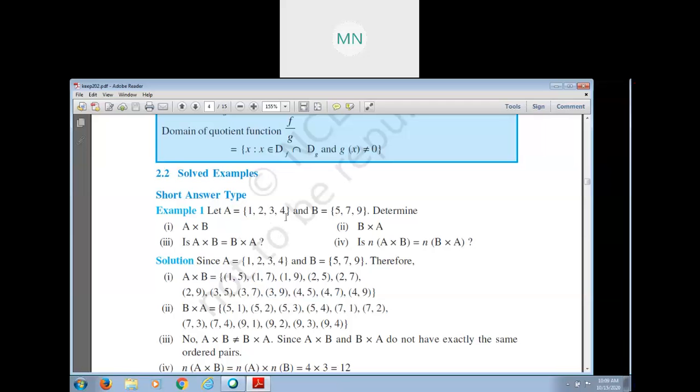So the number of elements in A cross B will be 4 into 3, which is 12.